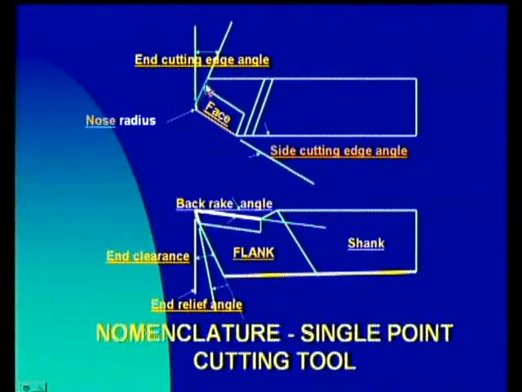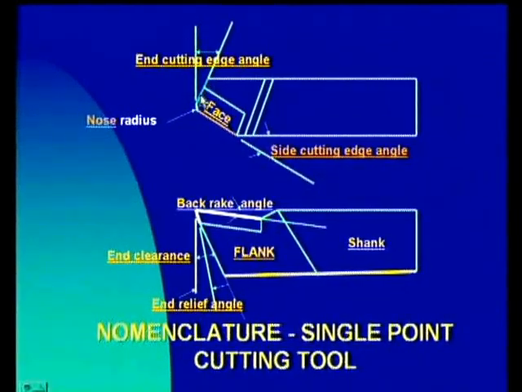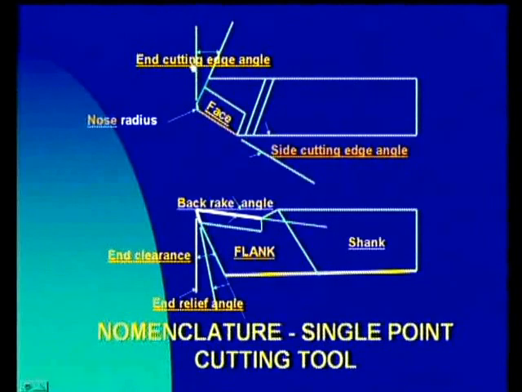This edge is called the end cutting edge, and if you take a vertical plane perpendicular to the shank, the angle subtended by this end cutting edge is the end cutting edge angle.